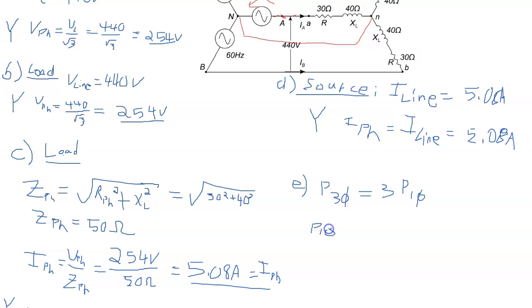So P1 phase is equal to, thinking about doing this for the load, I phase in the load squared multiplied by V phase in the load. And we got there 5.08 amps squared and 30 ohms.